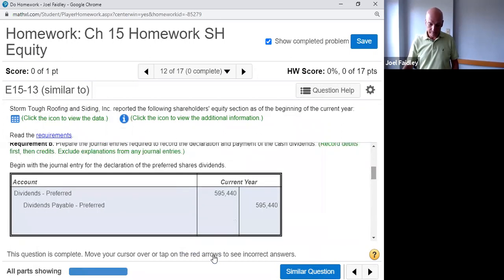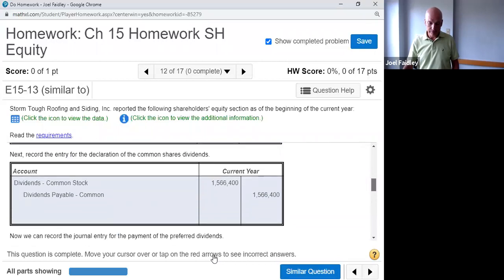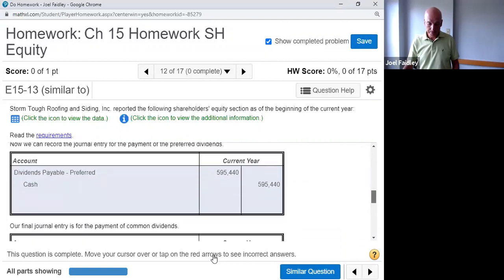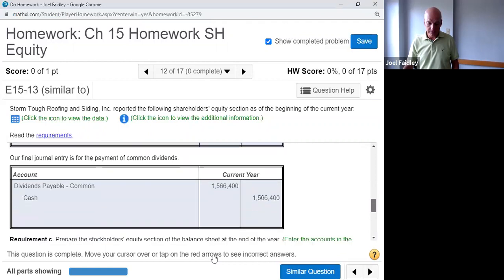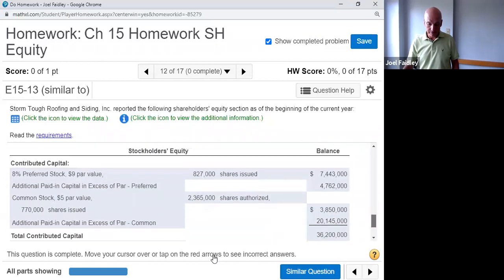Preferred dividends, that's the same thing as retained earnings. And then dividends payable. There's the dividends for common stock, which is a retained earnings reduction. Dividends payable preferred, dividends payable common, and then the stockholders' equity section. That's similar to the one before, so I don't need to belabor the point.